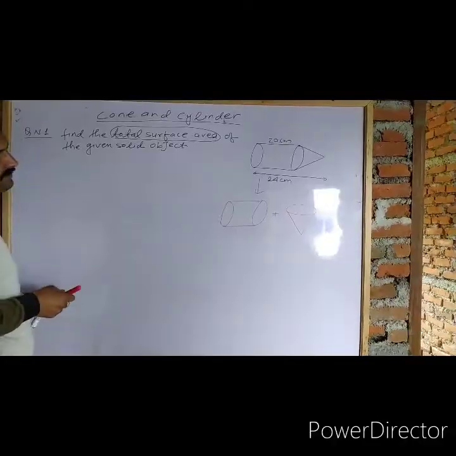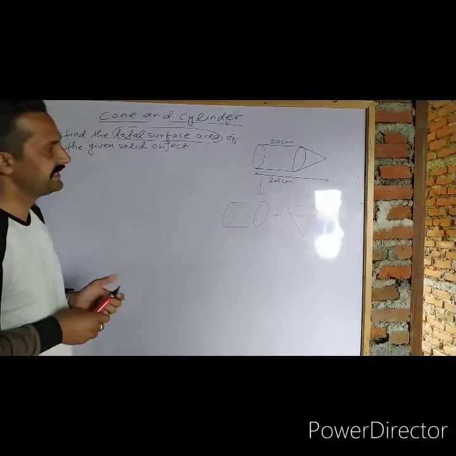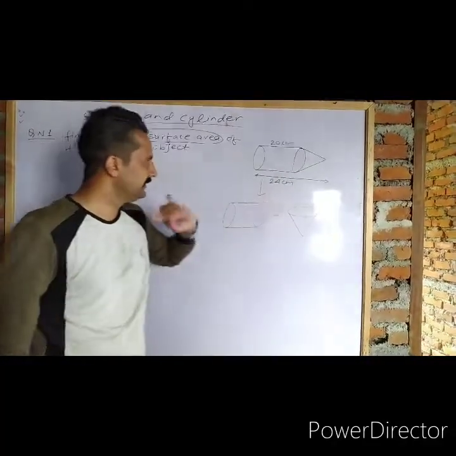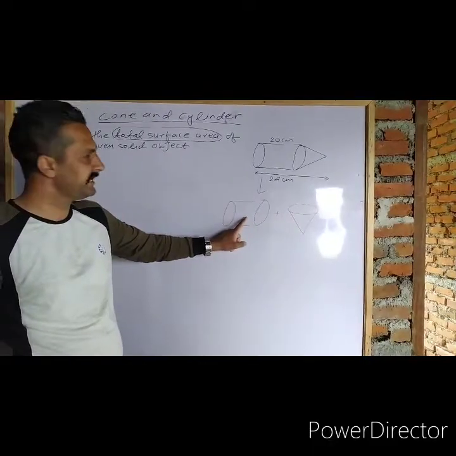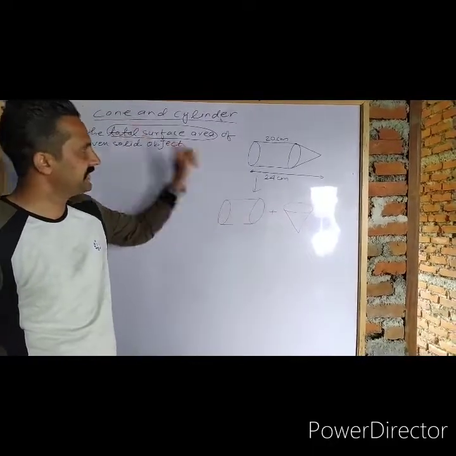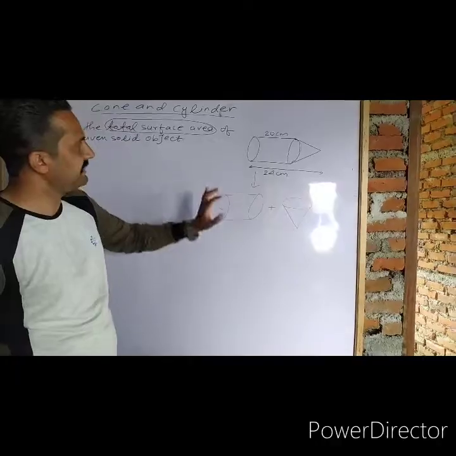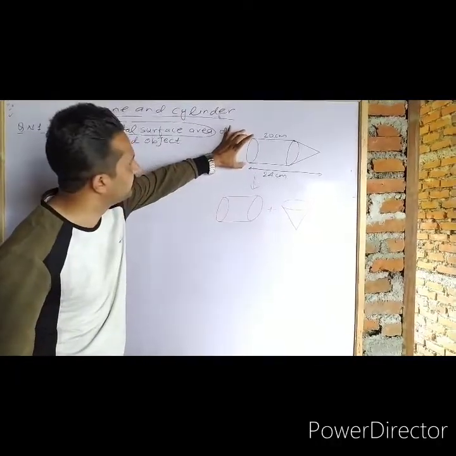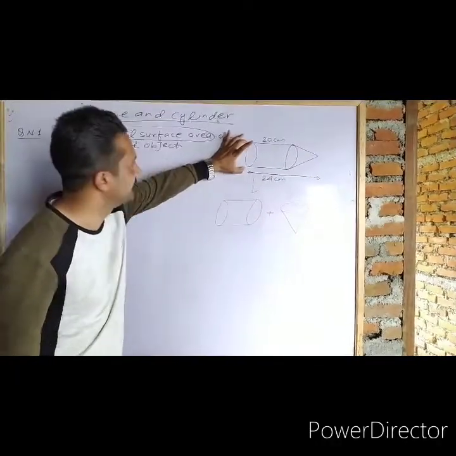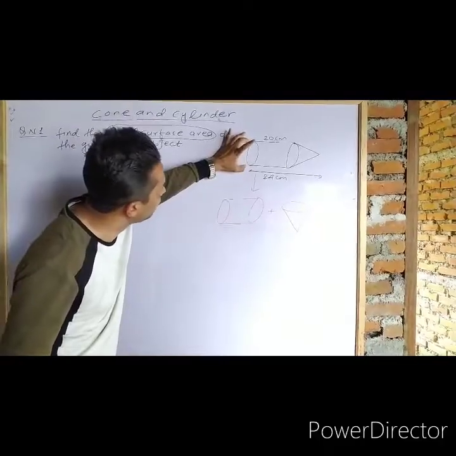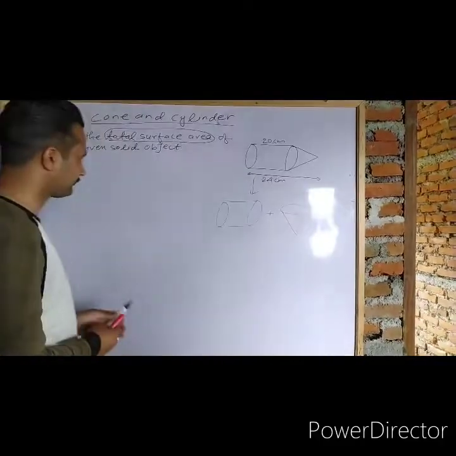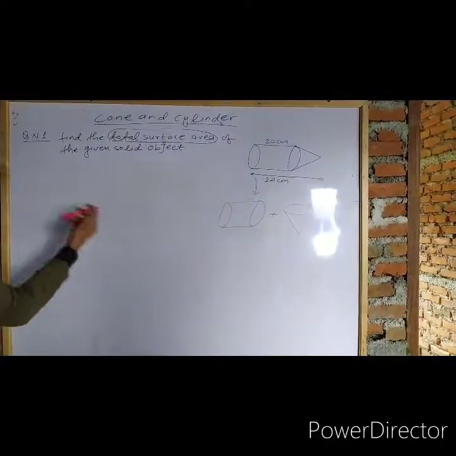So, firstly we will find the curved surface area of cone, then curved surface area of cylinder, then add the base area of this solid, which is the base area of circle. Now let's start the solution.